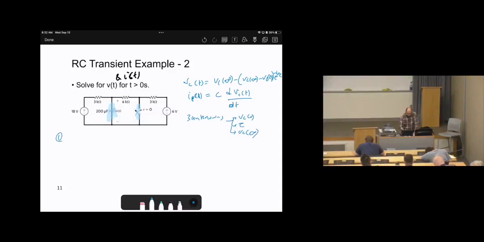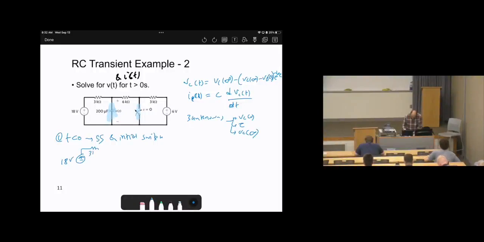Step number 1, when t less than 0, which is before the switching action, we are at steady state. So the capacitor will be an open circuit, applying the initial switch status. So steady state, I can write it as SS, and initial switch. I'm going to redraw the circuit. Here is 18 volts.